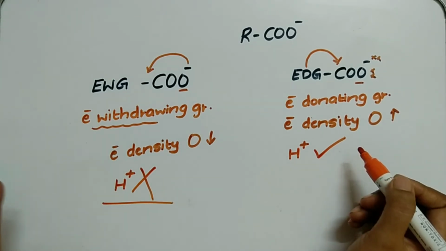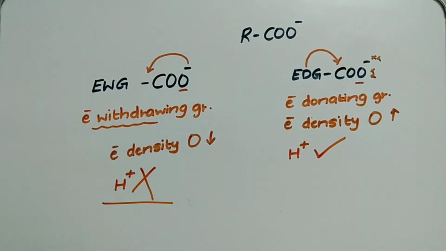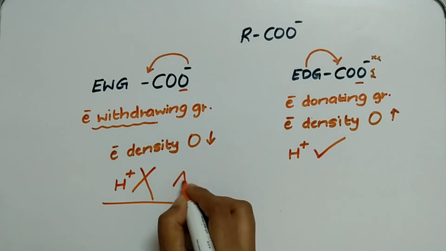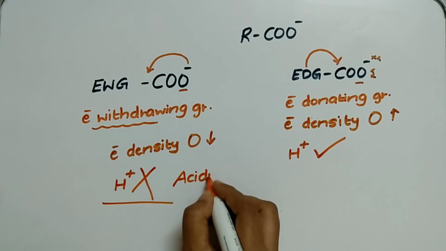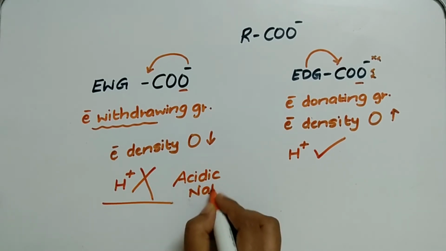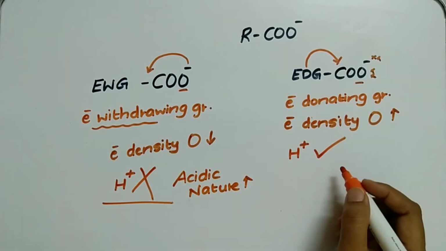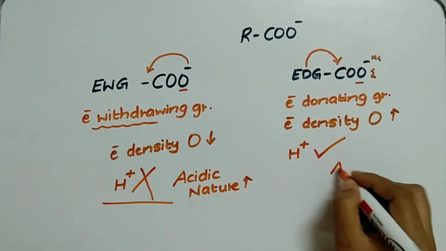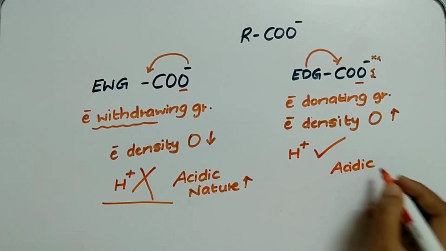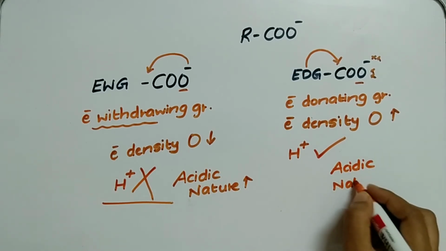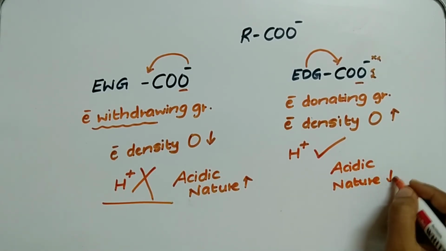So what I am telling is, if EWG group is attached, that means acidic nature increases. Acidic nature increases. If EDG is present, means acidic nature decreases. So this is the difference between both the groups.